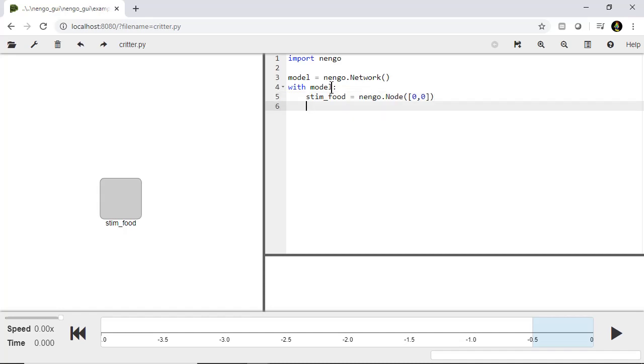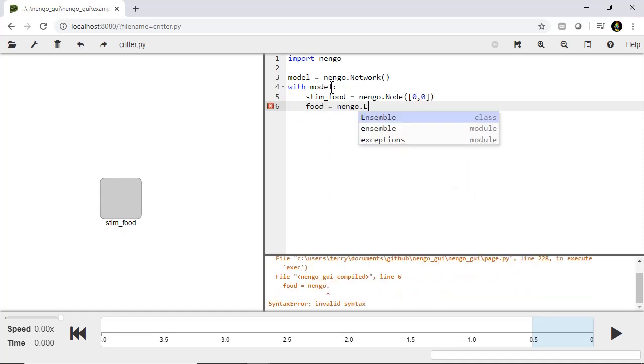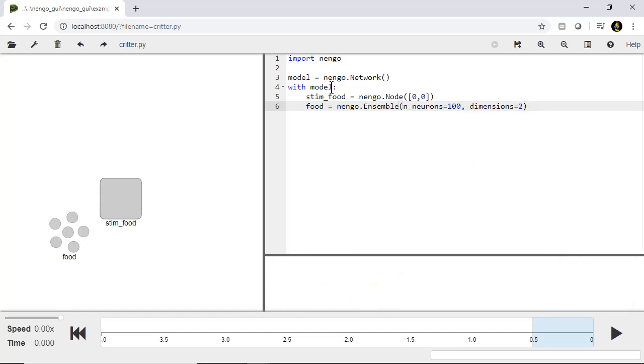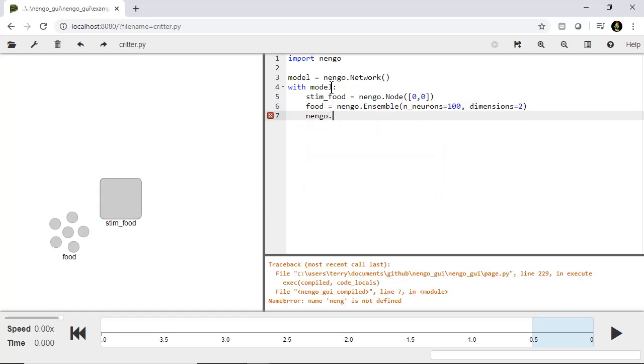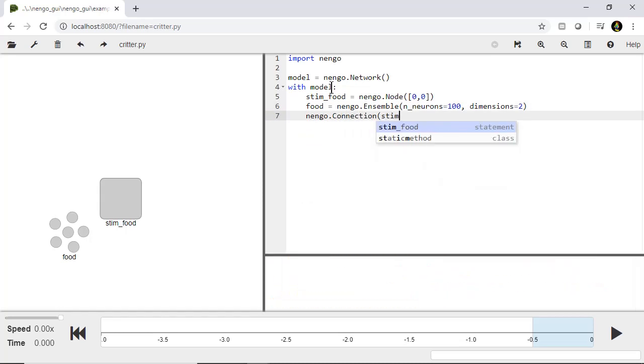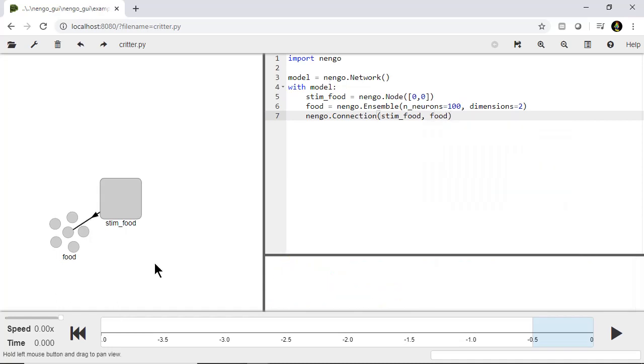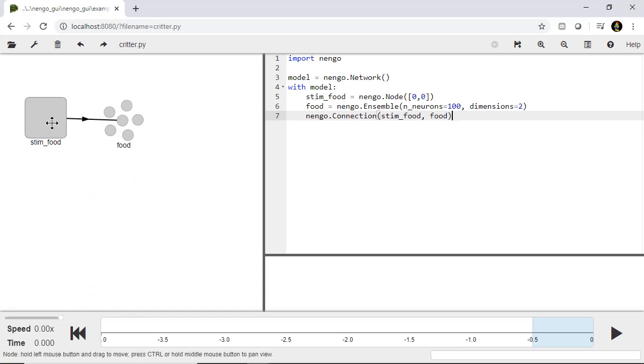Okay, and we're going to need a group of neurons to represent that information. That's going to be an ensemble. It's going to have some number of neurons. We'll do 100 neurons, and the dimensions is 2 because those groups of neurons have to store 2 things. And we're going to make a connection from the stim food to the food. Good. All right, let's do a quick check on that.